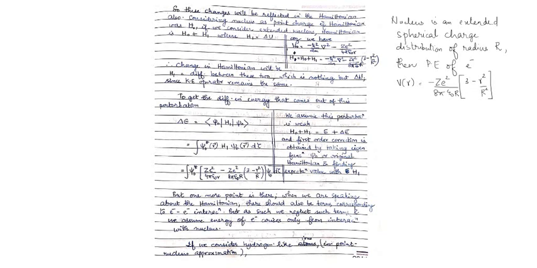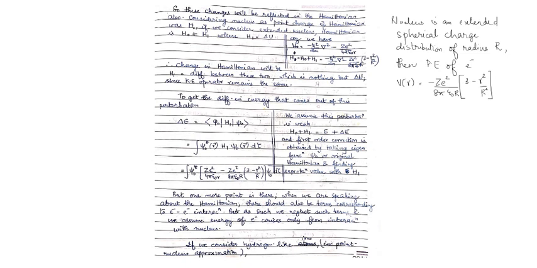Okay, this is the potential energy when you consider that the nucleus is an extended spherical charge distribution of radius capital R. So when your potential energy changes like this, the Hamiltonian will also change, and correspondingly the energy eigenvalue will also change, isn't it?